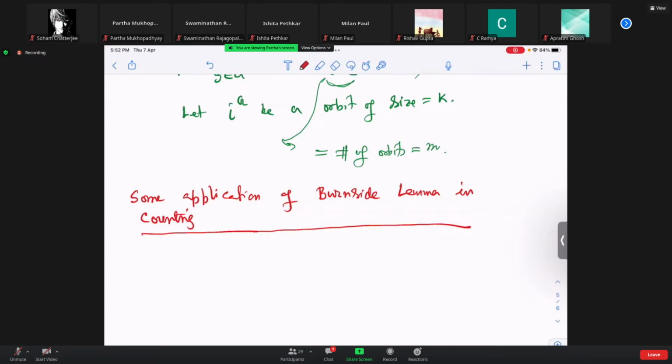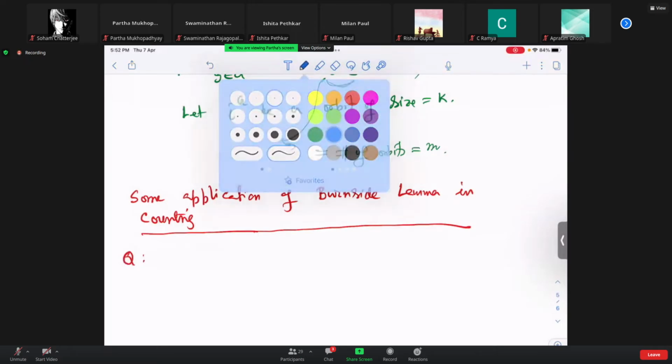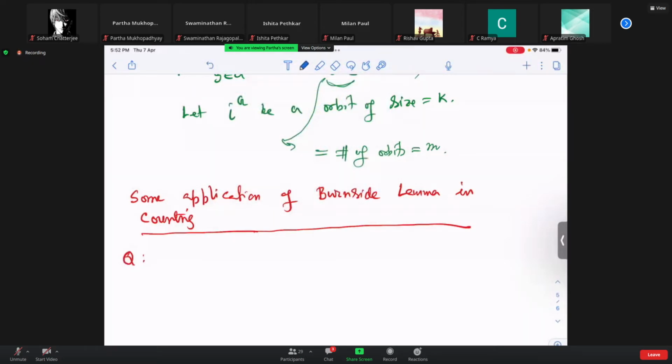So the question is, while I'm doing it, I want to illustrate to you some situation where this kind of abstract group theoretic statement will help in counting some concrete object. So let me just state the problem.